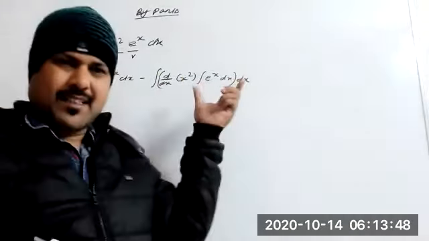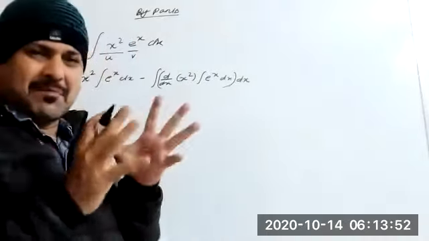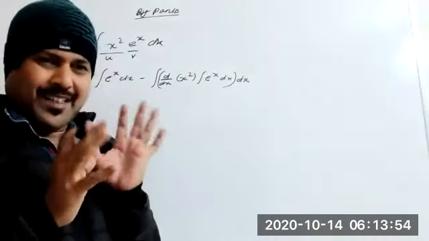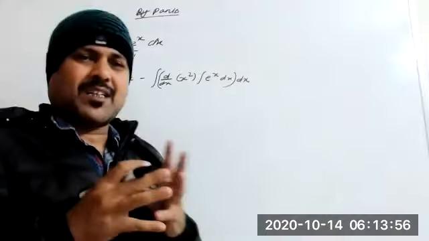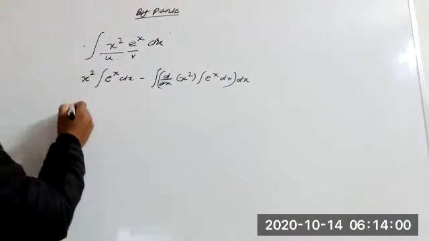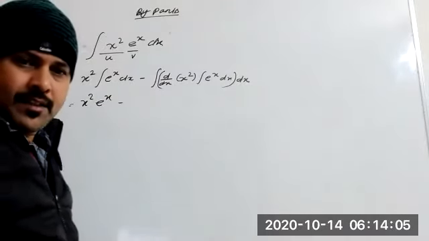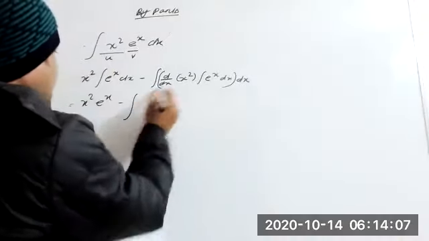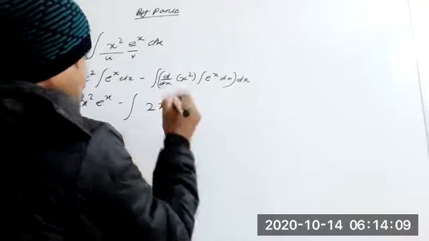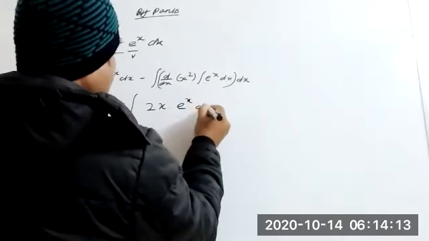Initially it may make the problem look ugly, but once you start working on this you will be habituated. So x square e to the x minus d by dx of x square, that is 2x, e to the x.